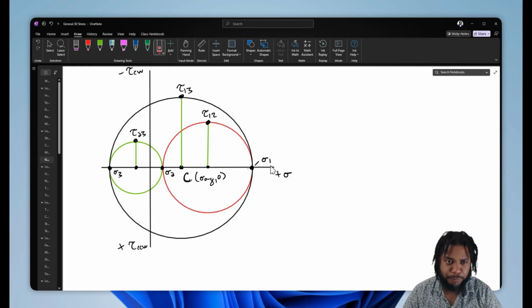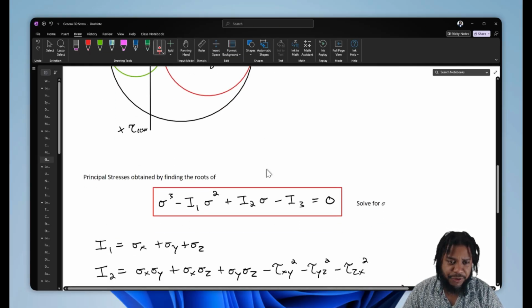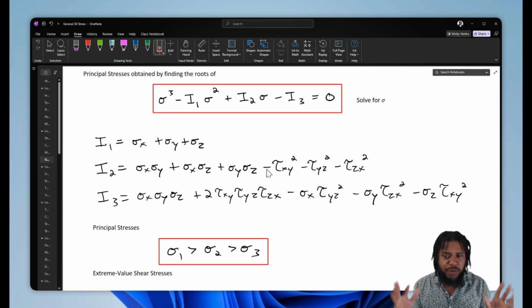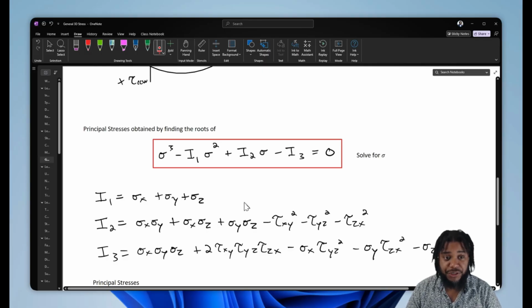Now, in our previous examples, or in the previous video, we only had 2D stress, and we had a whole bunch of stress transformation equations that helped us find those principal values. But for a 3D problem, we have a different set of equations to find those principal stresses.